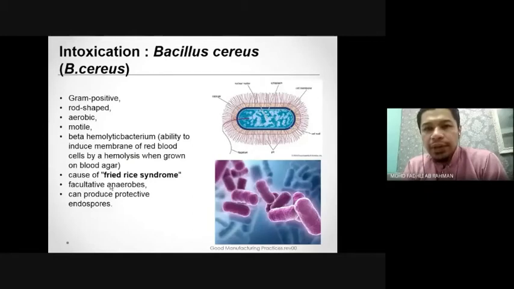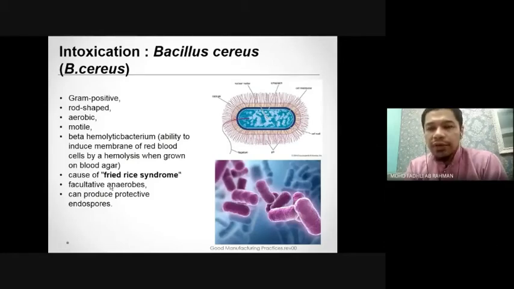It is a beta hemolytic bacterium. Okay, beta hemolytic bacterium, meaning that it has the ability to lyse the membrane of red blood cells by hemolysis when grown on blood agar. Okay.